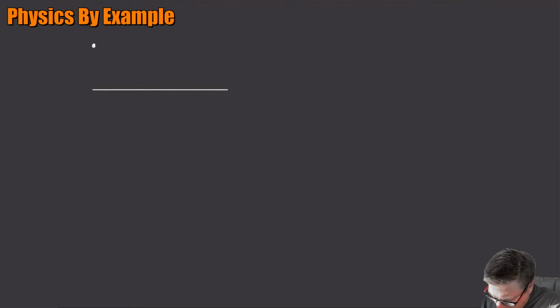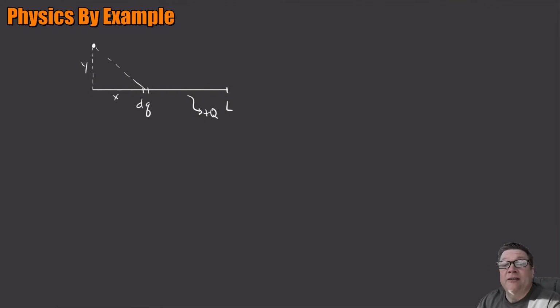Let's do a point a distance y away from the end. How about that? So this is still a length L, still charged up to plus Q. We're still going to divide this thing up into lots of little bits, dq, here's my x, right? So if we're over one end of the line, let's see how to set that up.